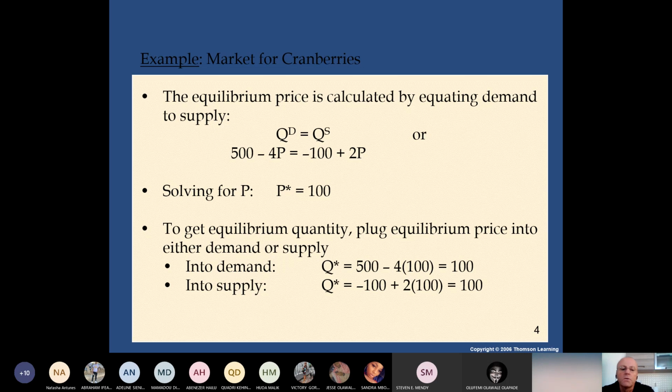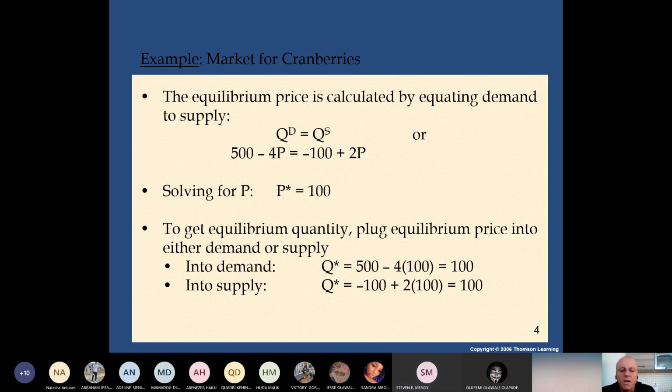Or putting it into supply: minus 100 plus 2 multiplied by 100 is 200, and minus 100 plus 200 gives you 100. Therefore, quantity supplied and quantity demanded are both 100. Equilibrium price is 100 and equilibrium quantity is 100.